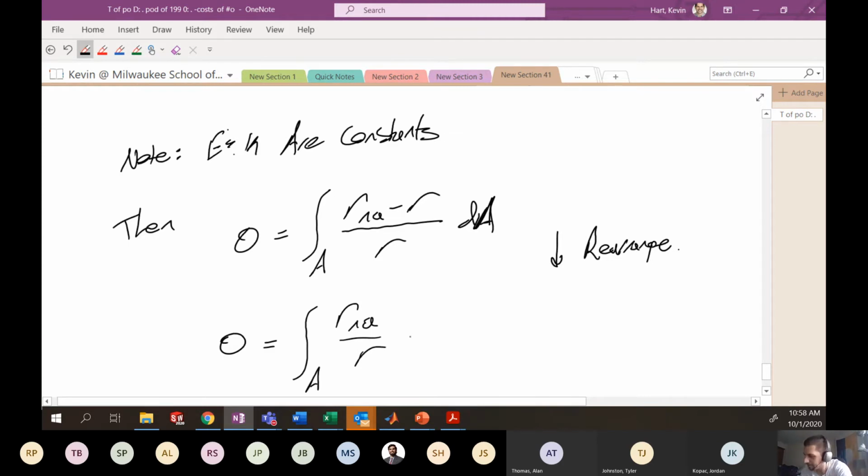Well, yeah, minus the integral over A. We would have the second bit, R divided by R, which is just 1 dA.